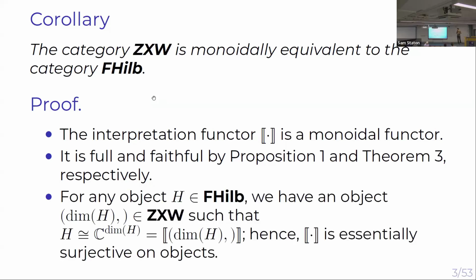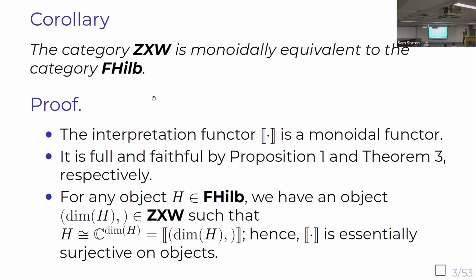And lastly, it is essentially surjective because for any Hilbert space H, we have an object in ZXW. This is the singleton list containing the dimension of H, such that there is an isomorphism between H and C to the power of the image, which is the interpretation of the object.